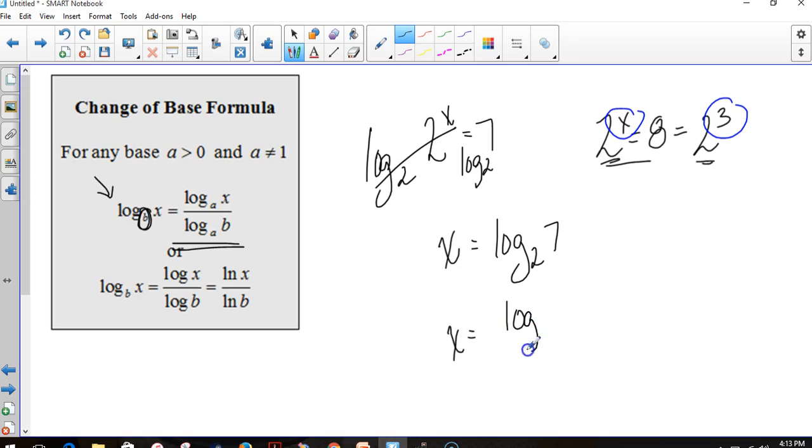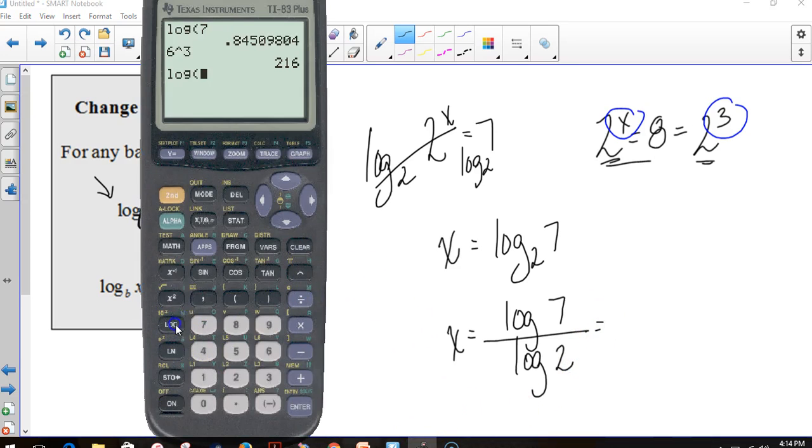And I'll say log base 10 of x, which is the 7 in this part of the problem, over log base 10 of my b, which is a 2. And now I can plug that in my calculator. I can say log base 7 divided by a log base 2. And you'll get a crazy number, and that's okay, 2.81-ish.